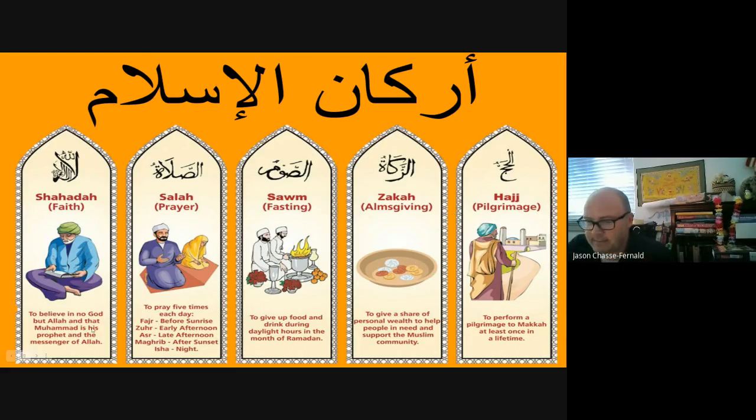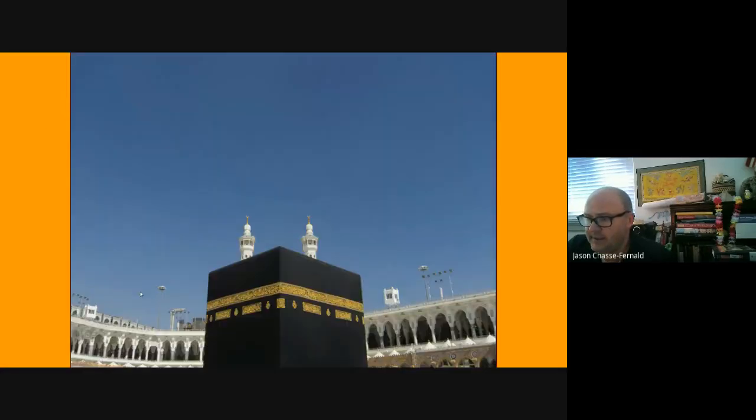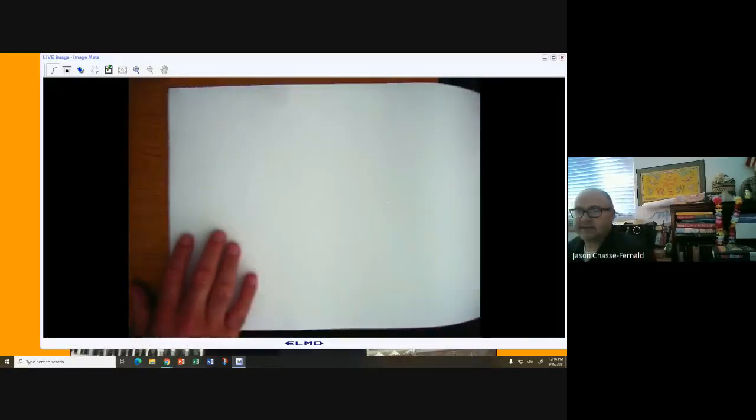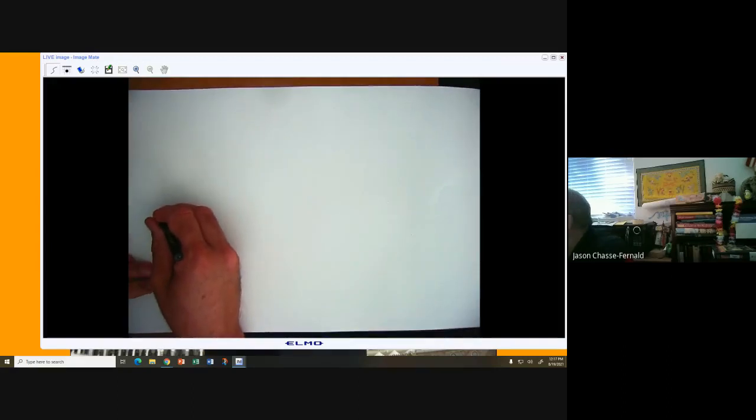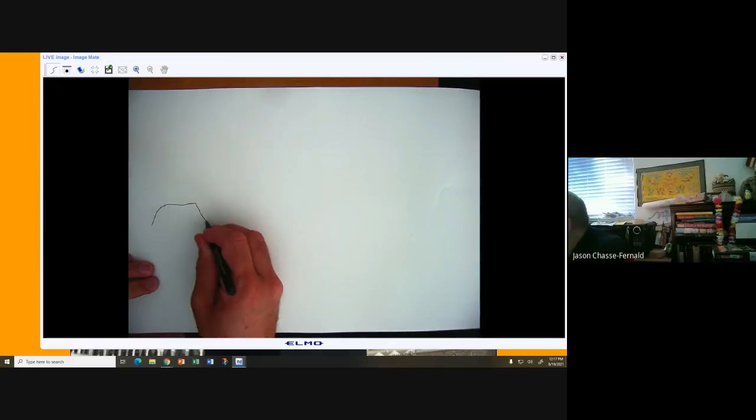All right, so I'm going to take a moment here and draw a map, because this is what I do in class. So where should I start this map? Let's just make this over here. Just start with North Africa.